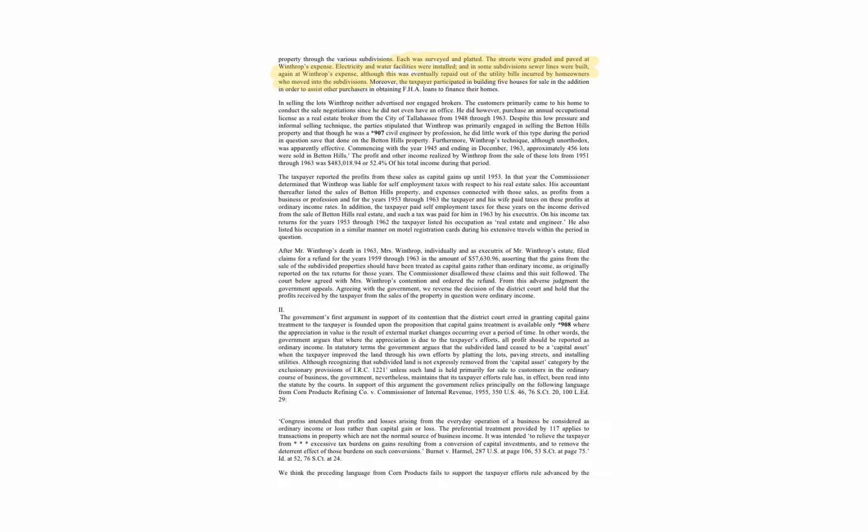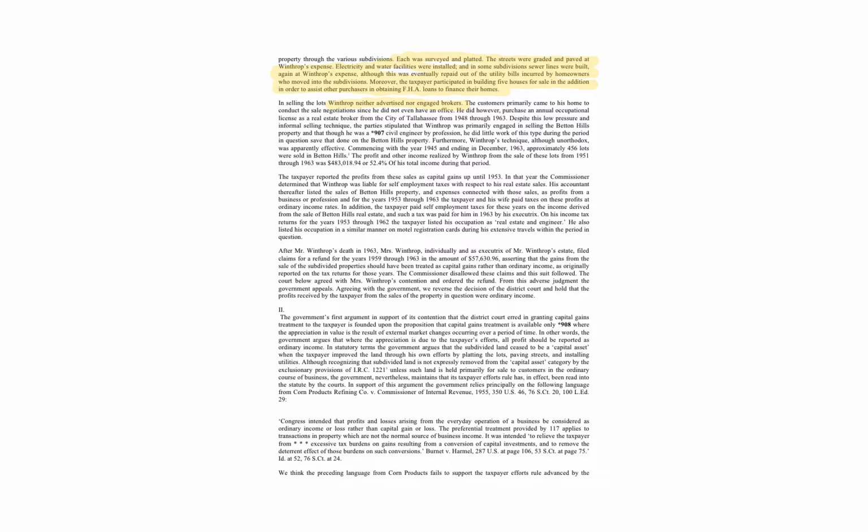Moreover, the taxpayer participated in building 5 houses for sale in addition in order to assist the purchasing and obtaining of FHA loans to finance their homes. So now it goes through and it says, in selling the lots, Winthrop neither advertised nor engaged brokers. Again, looking at facts in our Calvin client dealing with solicitation of offers and whatnot, that's important there.